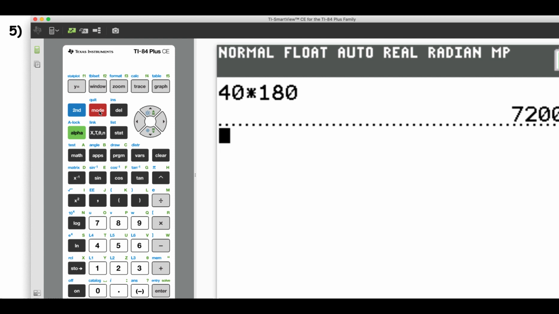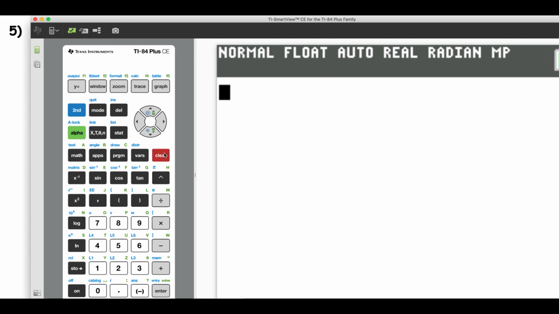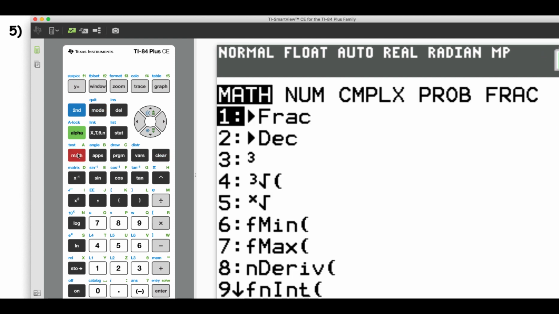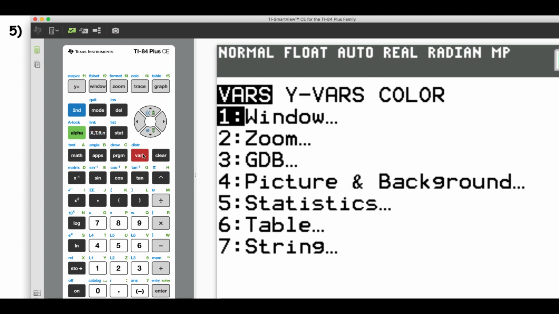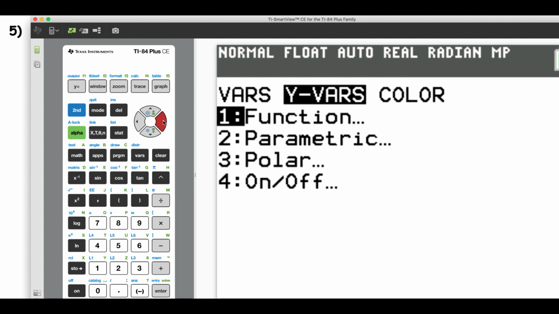Let me get out of here. And on the main screen, I'm going to go math, but this time I'll go math 8, nDeriv. It's the derivative with respect to x of, and I don't want to retype that again. Remember, it's stored under y1, so we hit vars for variables. Over to y variables. Function's already lit up, certainly not parametric or polar.